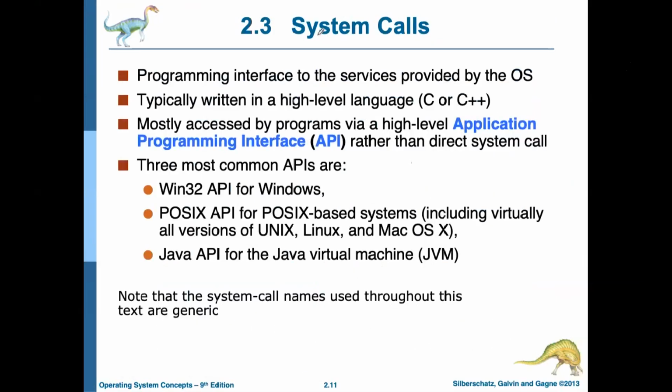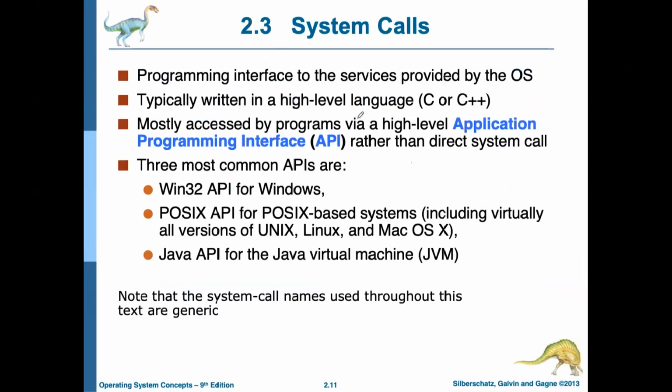So system calls. Programming interface to the services provided by the OS, typically written in a high-level language, C or C++. Mostly accessed by programs through a high-level application program interface, or API, rather than direct system calls.